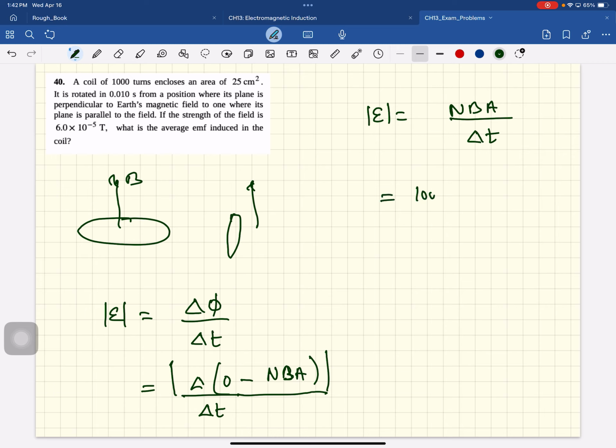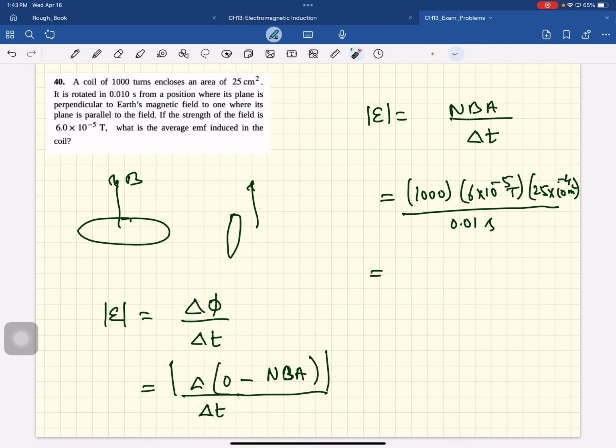1,000 turns. The magnetic field is 6 times 10 to the minus 5 Tesla. Area is 25 centimeters square, and that's that many meters square. And the time is 0.01 seconds. So let's take care of powers of 10.